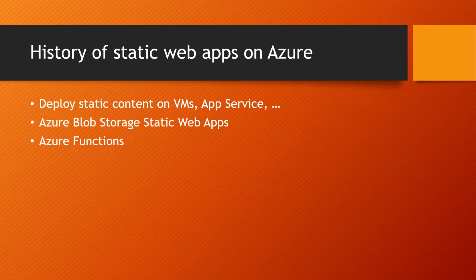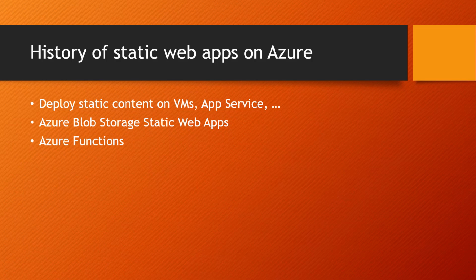But later they had this feature called static web apps on Azure Blob Storage, where basically it provisions a new container with a specific name called $web, and then you can access your files, which is basically HTML and JavaScript, from a specific URL from your Azure Blob Storage. And you can have your APIs hosted on Azure Functions, and you can map all of this to a custom domain. It was a workaround. It was working.